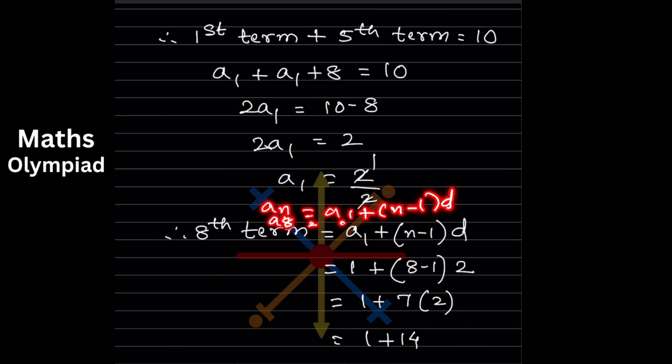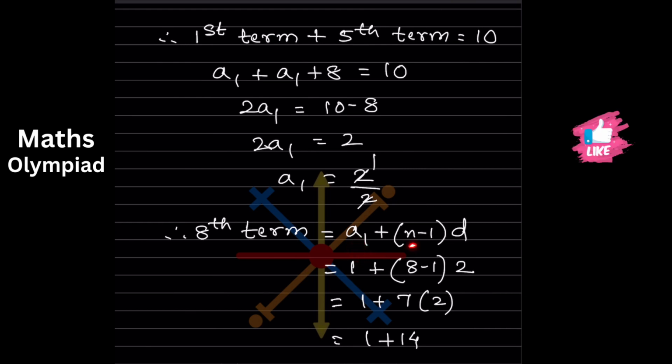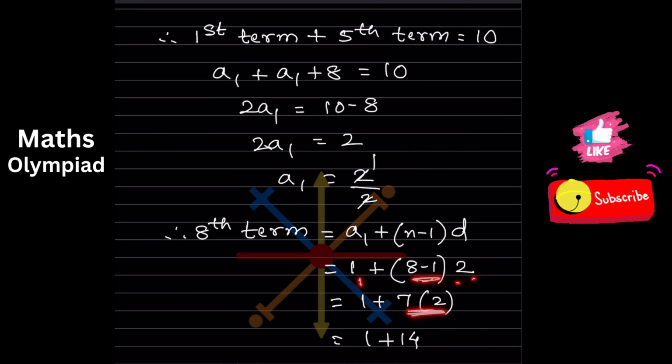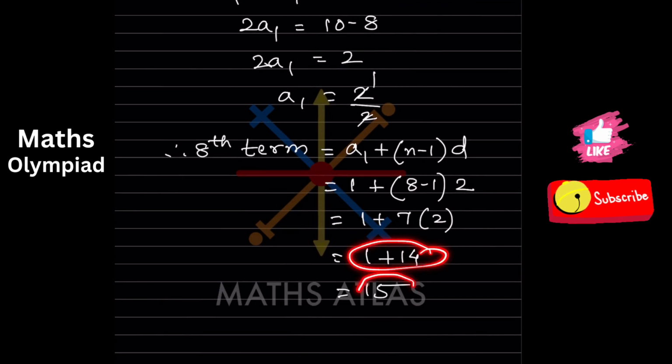A1 we got as 1, so in place of A1 we write 1. The 8th term means 8 minus 1 into D, and D you know is 2. So 1 plus 7 into 2, and this is going to be 14. So 1 plus 14 is 15. So the 8th term, whatever they asked here, is 15.